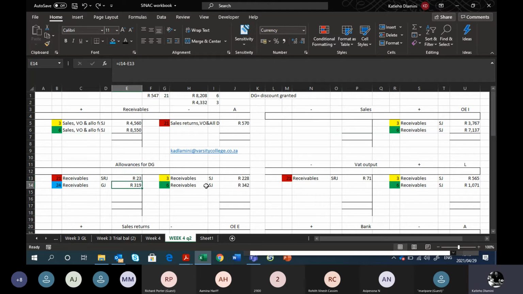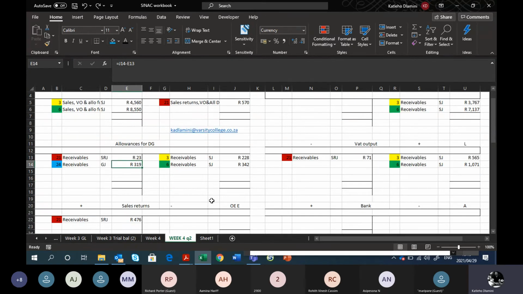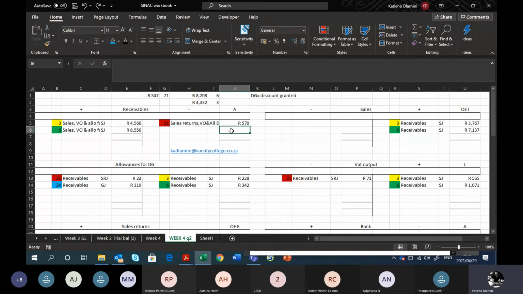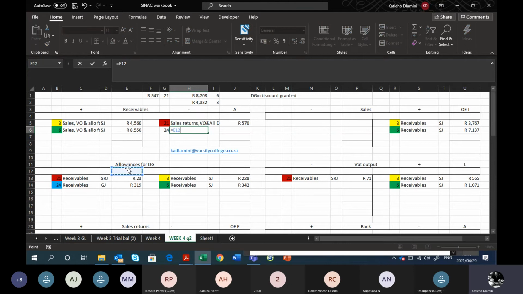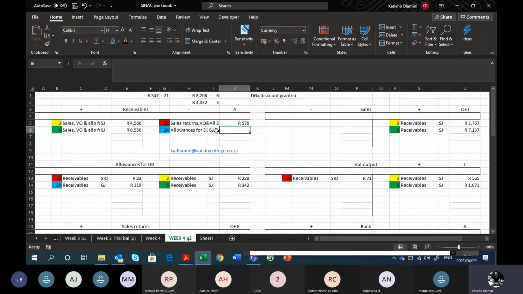So now that allowance is being taken out, I'm obviously going to put it in there. Okay, then the next thing that we have to do, oh, sorry, my contract count. Zulu receivables, 24th, I have my allowance for discount granted. I'm going to make this blue, GJ, and I have this amount over here.